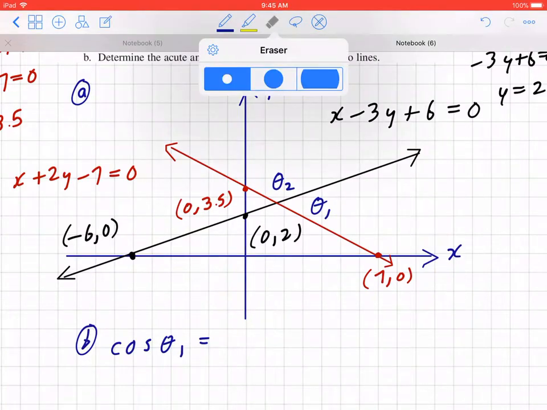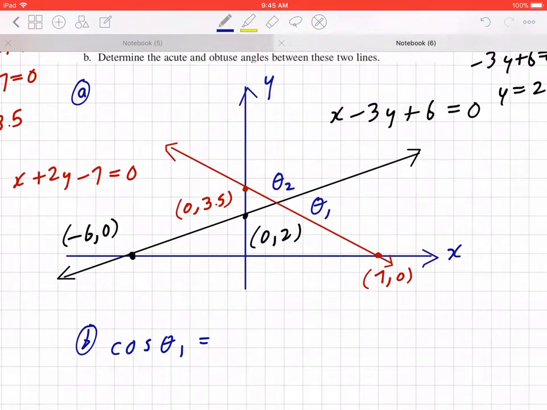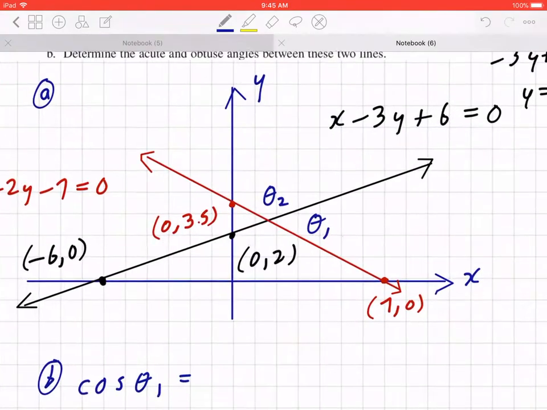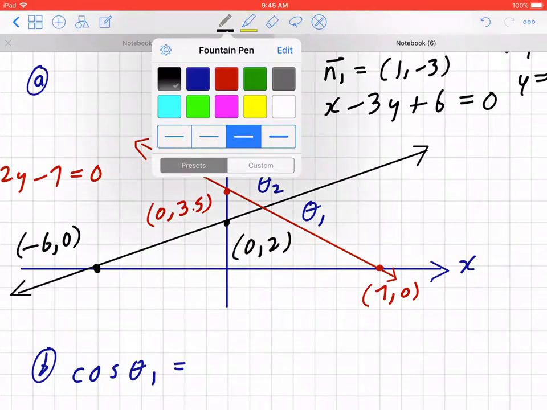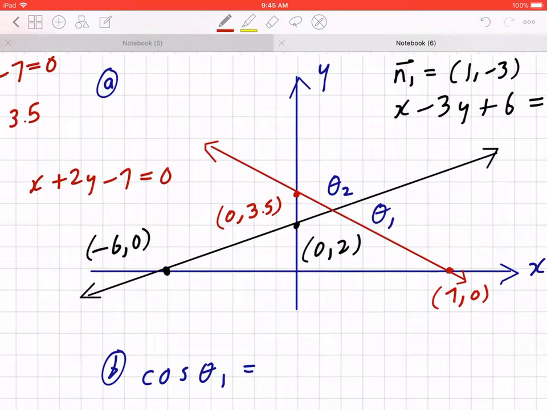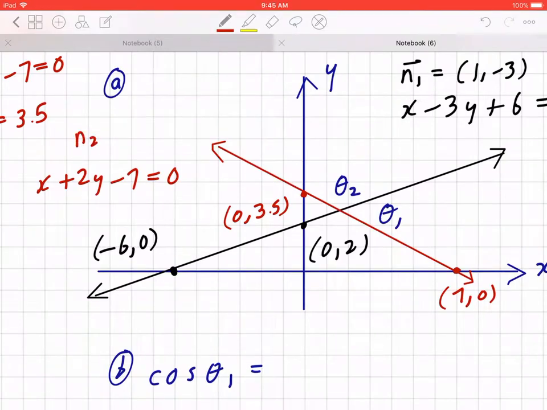Now again, when you think about the dot product, you can look at the normal vectors, which means in this case, the normal vectors are, let's go back and add this. So in the first case, the normal vector, let's call this n1, that's going to be 1, negative 3. Likewise, if you look at the second case, the normal vector, n2, this is going to be 1, 2.